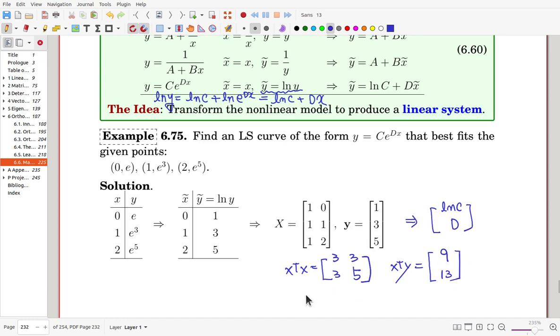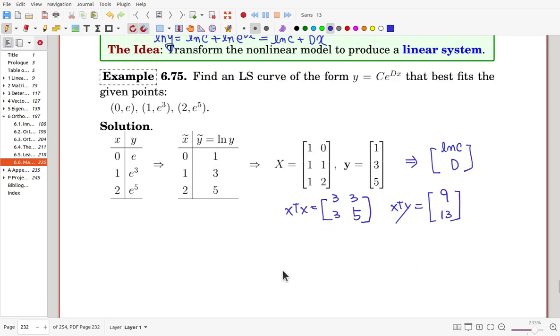So from here, the augmented matrix, the first row will be 3, 3, 9. After scaling, it becomes 1, 1, 3. And then we subtract: that is 0, 2, and then 4.